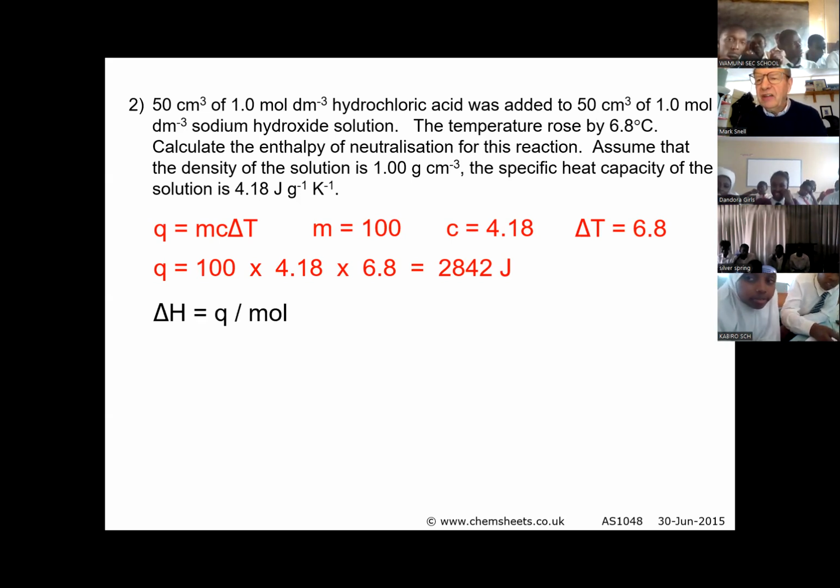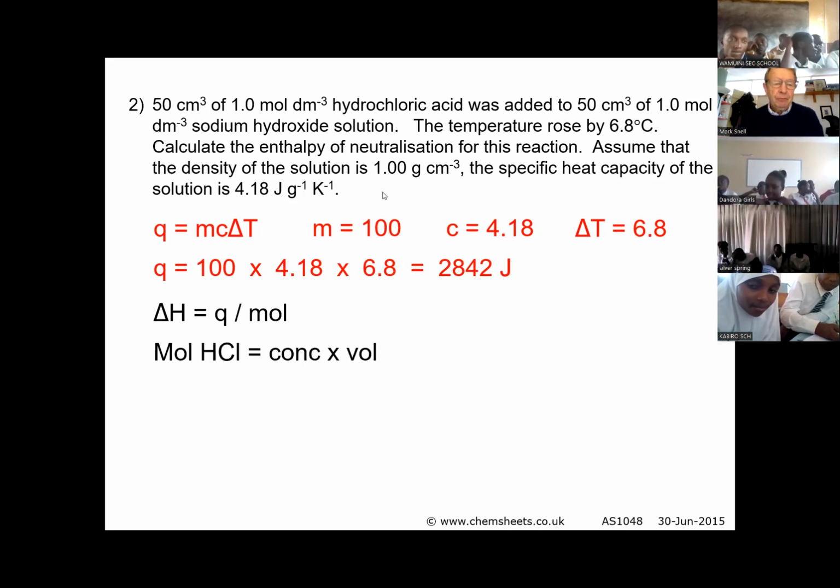A bit more complicated is the next bit. You have to remember that delta H is Q divided by the moles. The moles of what? Well, in this case, it doesn't matter because the hydrochloric acid and sodium hydroxide react together 1:1. So either one of them is okay.